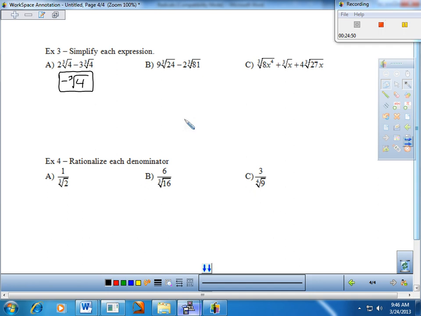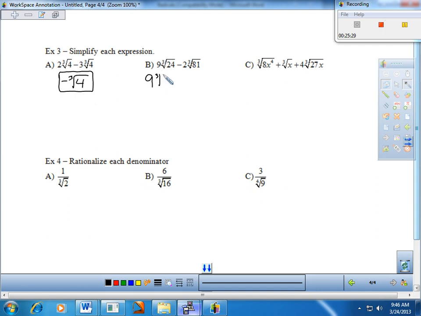All right. Now, letter B. At first glance, you're thinking, wow, I can't do cube root of 24 minus cube root of 81. Can't do it. Let's move on to the next problem. Well, before we decide to do that, we should investigate this in a little detail. Can I simplify each of these roots a little further? And the answer is yes. So I'm going to simplify, dealing with the idea that let's see if we can pull out the perfect cube going into 24.